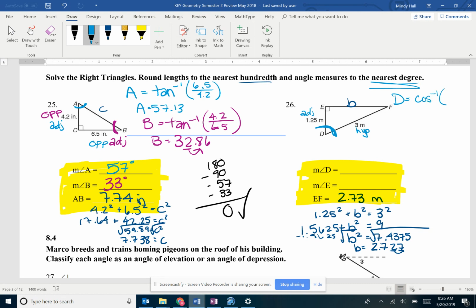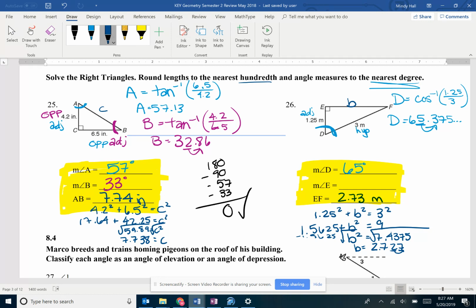And then adjacent is 1.25, and then hypotenuse is 3. So then plugging it into the calculator, inverse cosine 1.25 divided by 3. Sorry, I mistyped again. And that gives us 65.375, blah, blah. So because we're going nearest degree, that 3 in the tenths place tells us to just keep it. So D is 65 degrees.